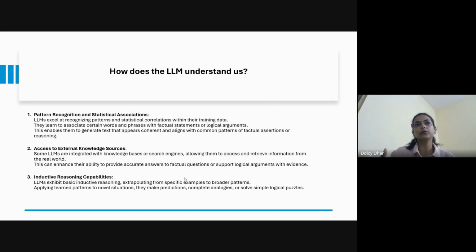So if I say, I'm going to the park to meet a friend, earlier models, from 5 or 10 years back, found it difficult to understand, but now they can track the sentence.